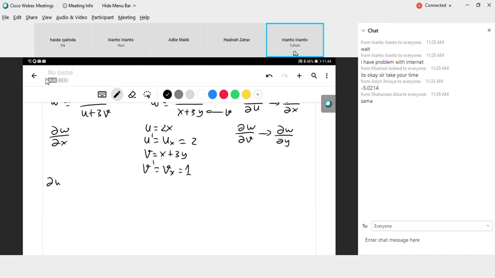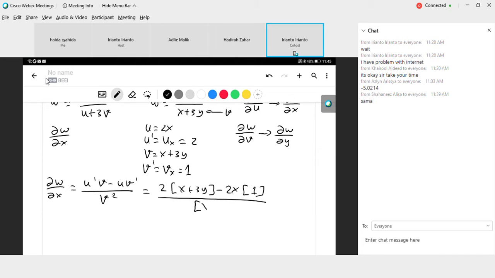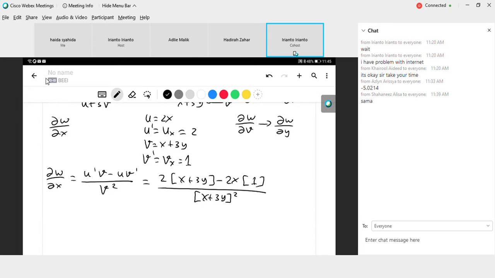So the partial derivative of w with respect to x will be u prime v minus u v prime divided by v squared. Substitute the values: u prime is 2, v is x plus 3y, u is 2x, v prime is 1, divided by (x plus 3y) squared.